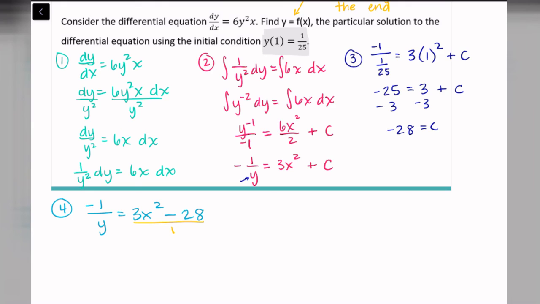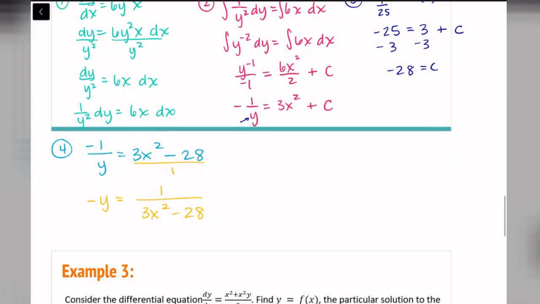So I can flip this around and make it negative y equals 1 over 3x squared minus 28, right? And then the last thing I need to do is get that negative away. So I'm just going to divide by negative 1, which is the same as multiplying by negative 1. So I'm left with y equals negative 1 over 3x squared minus 28.